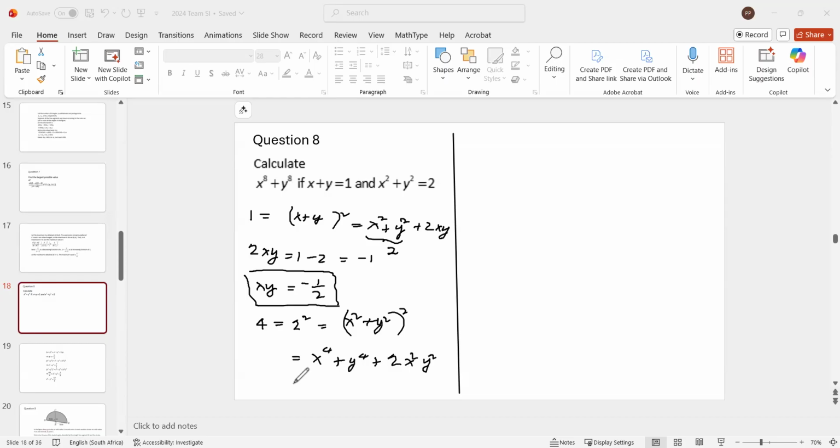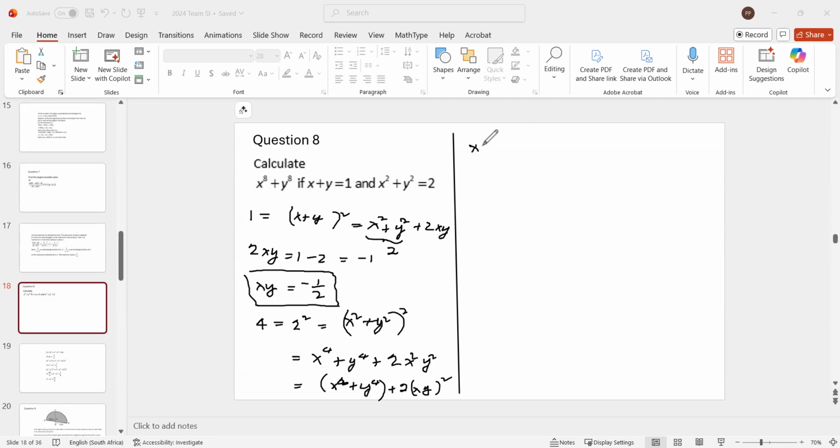We don't know what x to the 4th plus y to the 4th is. But x squared y squared we know, because xy is minus half. So x squared y squared is xy all squared, and xy all squared is minus half squared, which is a quarter. So you have 2 times a quarter, which is a half. So on the left-hand side, you got 4. The right-hand side, you got a half.